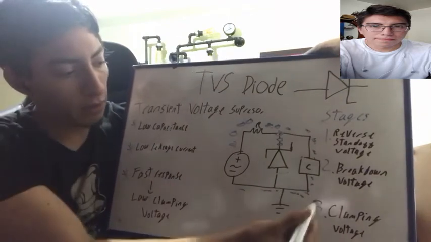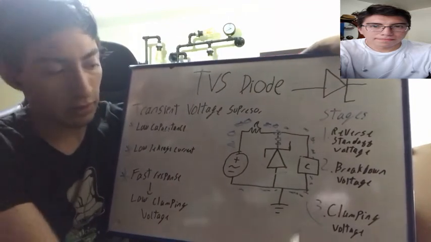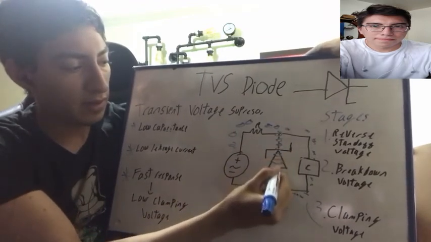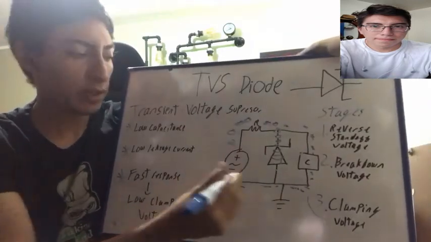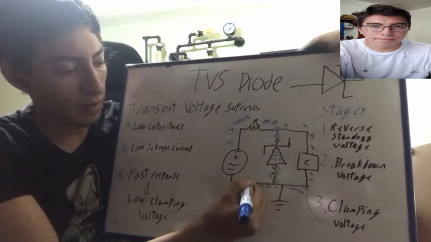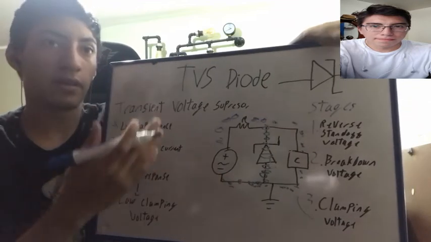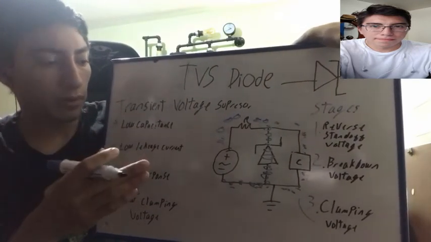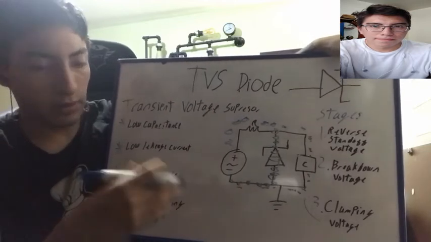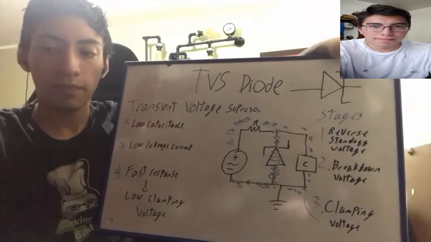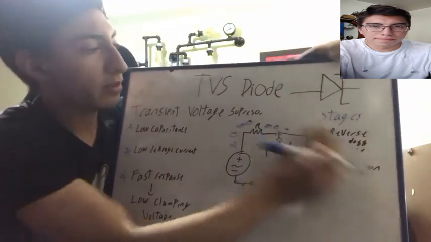Now we enter into the final stage, which is the clamping voltage, in which the diode will conduct these great amounts of current, and it will clamp them, producing a lower or constant voltage value.